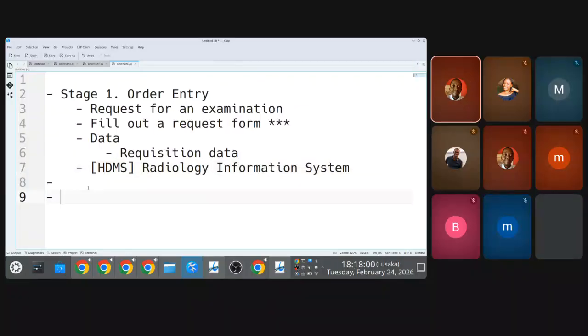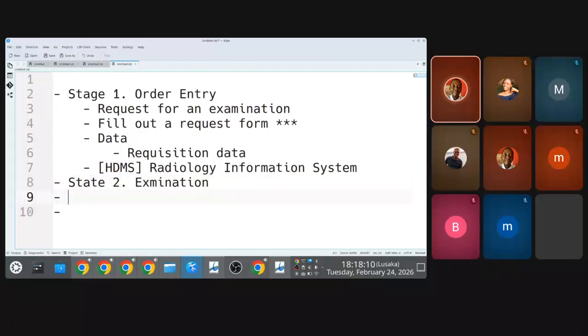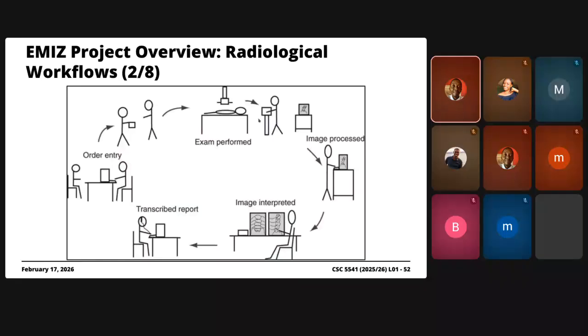Currently, what happens for patients to move from stage number 2, which is order entry, to the examination. And if you've been sick at UTH, you've probably gone through this process, right? In fact, now, where is Miss Mtinta? I don't know if she's there. Please, I'm going to pause at some point.